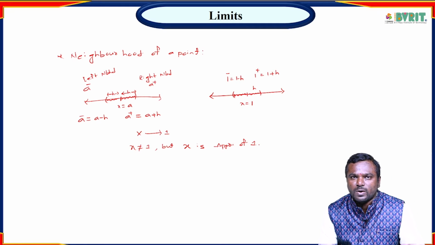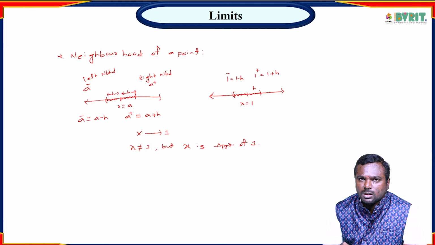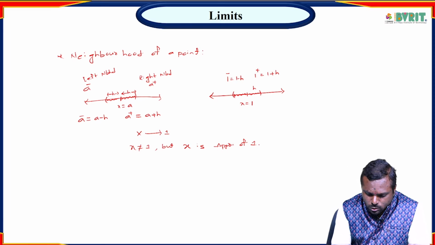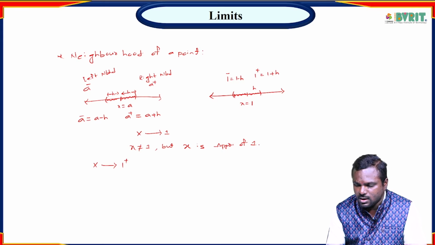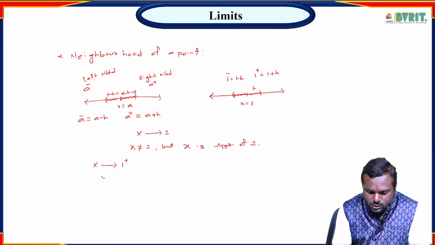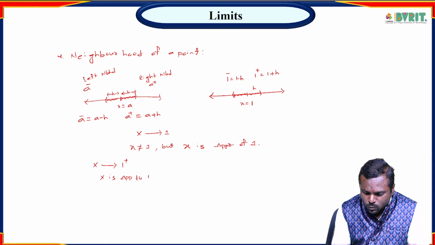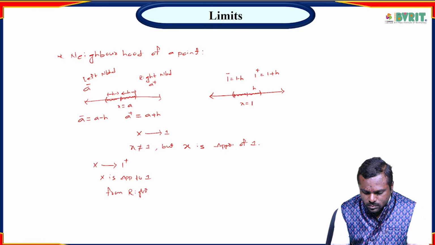Here x tends to 1 is nothing but x is not equal to 1, but x is approaching 1. So x tends to 1 plus is nothing but x approaches 1 from the right side.